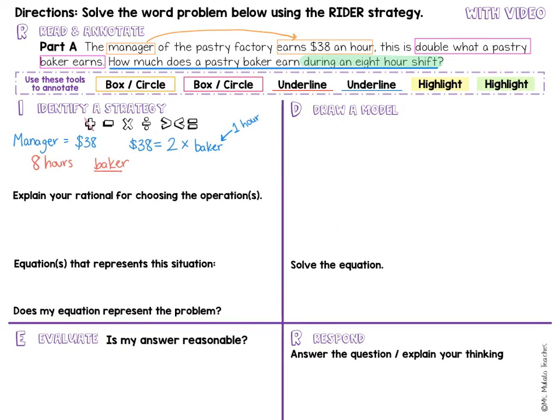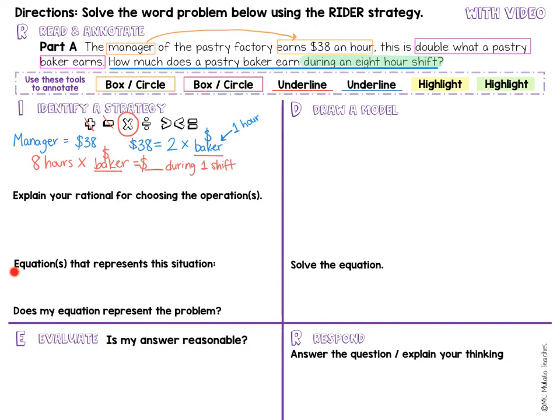No. Would we subtract 8 hours to it? Would we take 8 hours minus however much the baker made? No. 8 hours times how much the baker made? Yeah, we would, because the baker is making the same amount for 8 hours. That would give us how much the baker earns during one shift. And it's important to note that this is going to be money. This is how much money the baker makes in 1 hour. So all of these refer to dollar amounts.